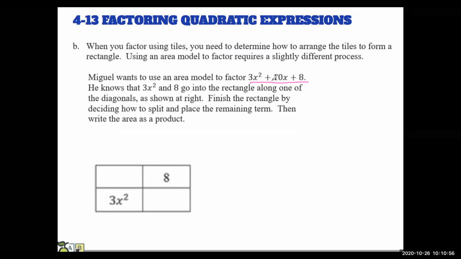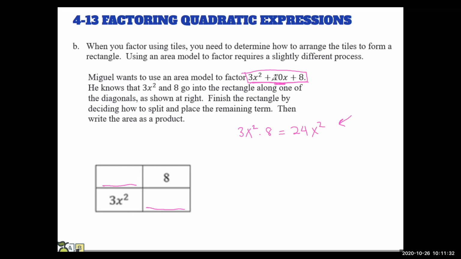Okay, so remember, the diagonal products need to be equal. There's that pattern we learned from before. So 3x squared times 8 is 24x squared. So however I put numbers into the other two boxes, they have to multiply to be this. But then looking at the original expression up here, the stuff that hasn't been put into the box yet are the 10x's.